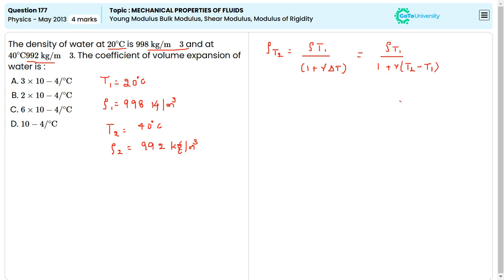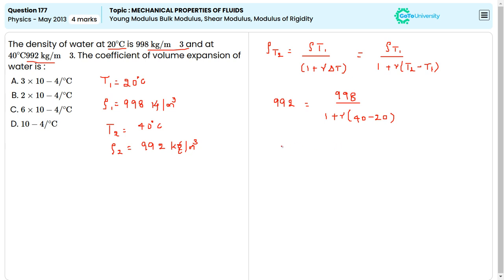Then by substituting the values, we get rho T2, that is 992, is equal to 998, that is rho T1, divided by 1 plus gamma into 40 minus 20.